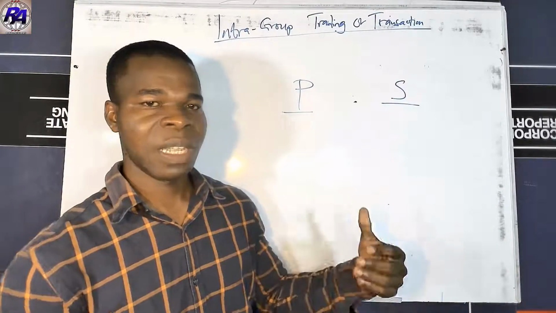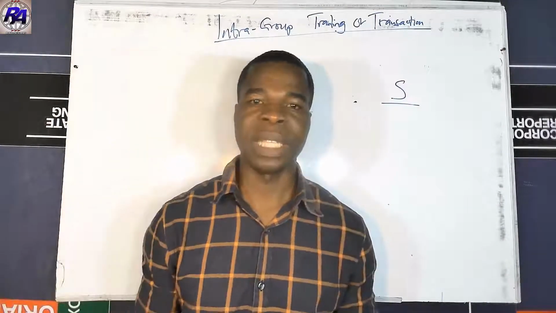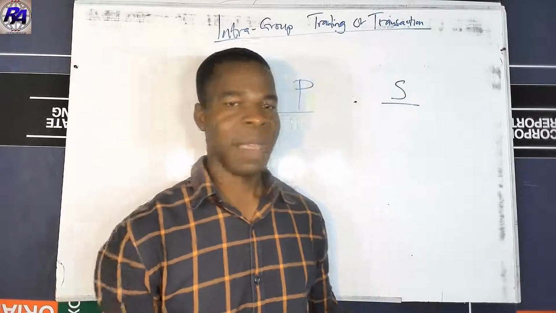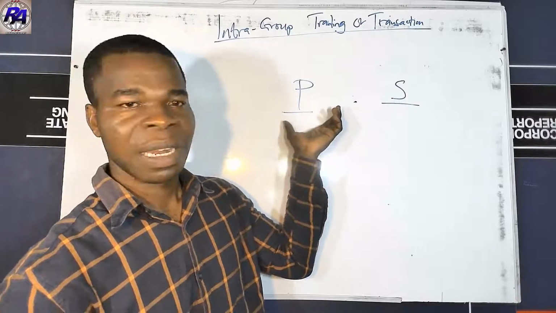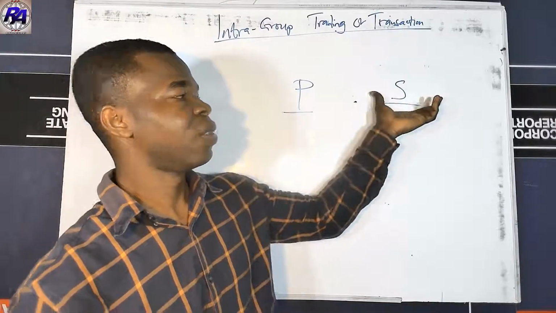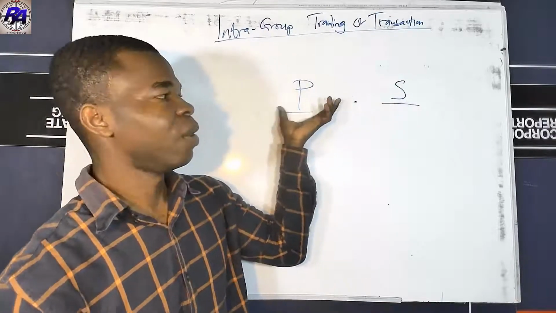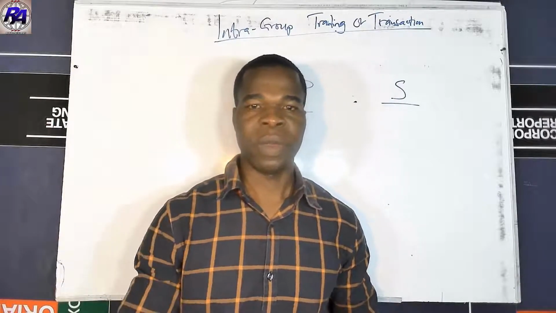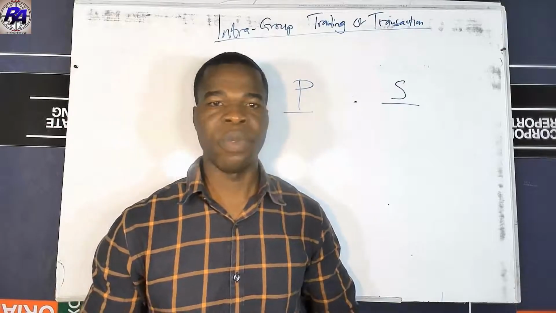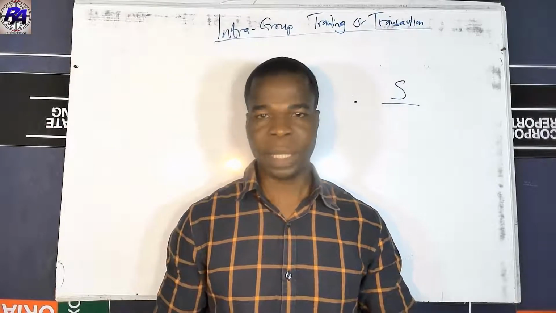So if you see in a question, or you are preparing your consolidated financial statement in your entity, and there is an issue of trading among themselves, like P selling to S or giving a loan to S, then we need an adjustment before we can proceed with the preparation of our consolidated financial statement.